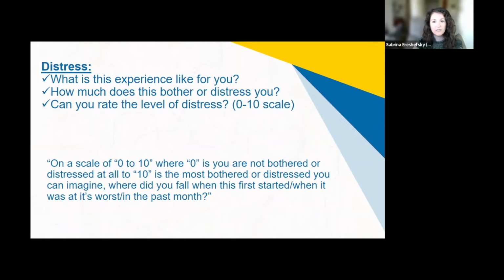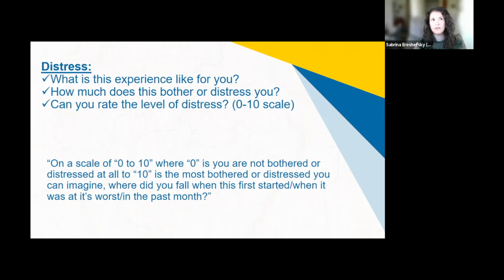Distress is another really important area for our mini SIPS. And we have learned in our past psychosis trainings that distress is an important concept, especially in differentiating between psychosis-like experiences that fall within the normal range versus those that fall within the attenuated range. So we're really not trying to pathologize individuals who have experiences that are psychosis-like.